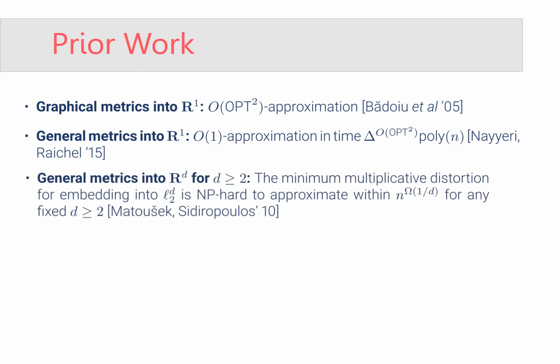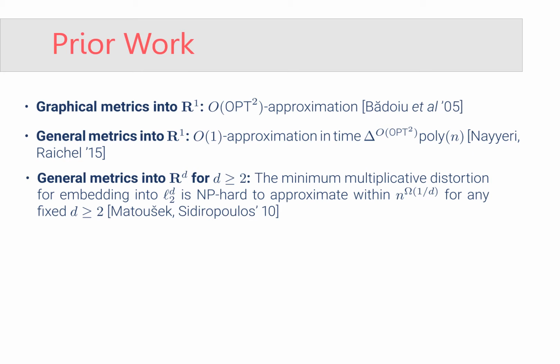What's next? Unfortunately, things are never too easy, and here is some hardness result. Even for d equals 2, for the plane, the embedding into the usual Euclidean plane is hard to approximate within a polynomial factor of n. So this is bad news.